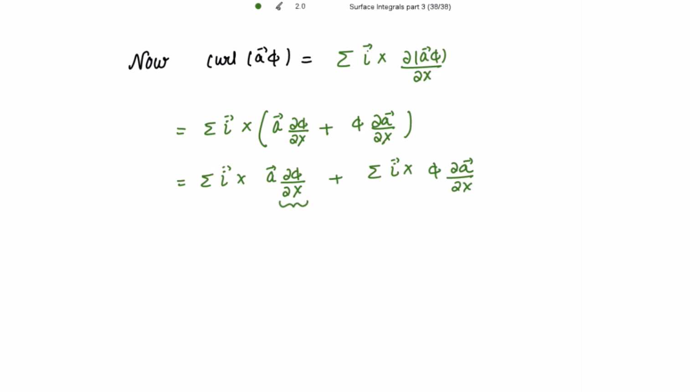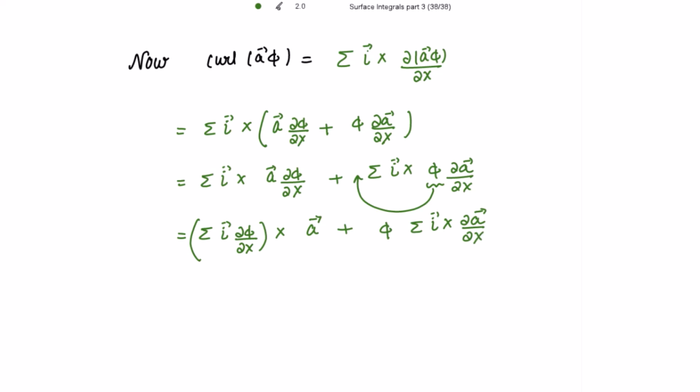Because this is your scalar function, I can write this with i vector taking cross product with A vector, taking this in bracket, plus again this is your scalar function, I can take this outside of the summation. So this is phi summation i vector cross product with partial derivative of A vector with respect to x.